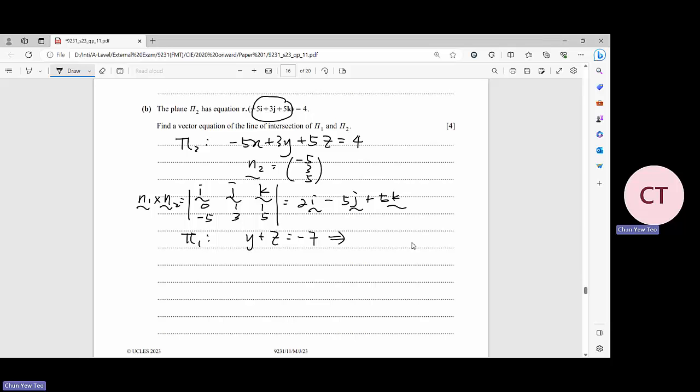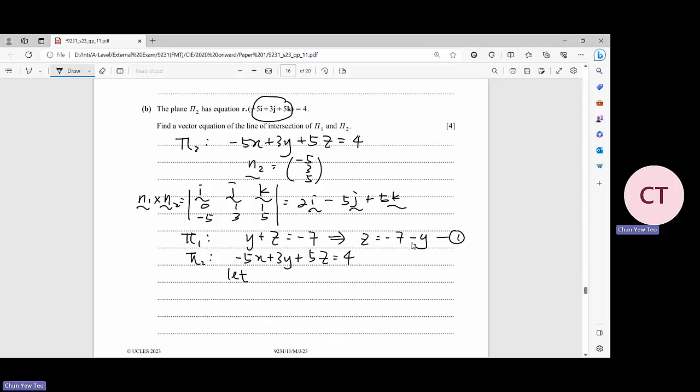I write this one down as z equal to -7 minus y. So this will be equation number 1. Then as for the π2, I have -5x plus 3y plus 5z equal to 4.